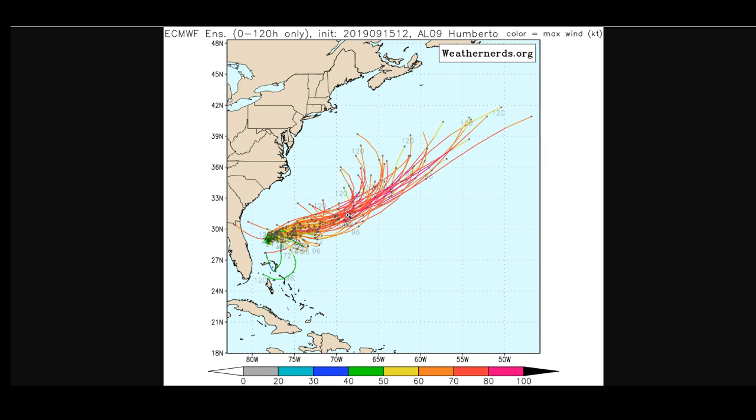This is very interesting because some even have it hitting Florida, but most of it, it's almost a 1,000 mile spread in here. If you superimpose this over the East Coast, it would be about from Nova Scotia down to Georgia. And this is very interesting to me that some ensembles turn it back.